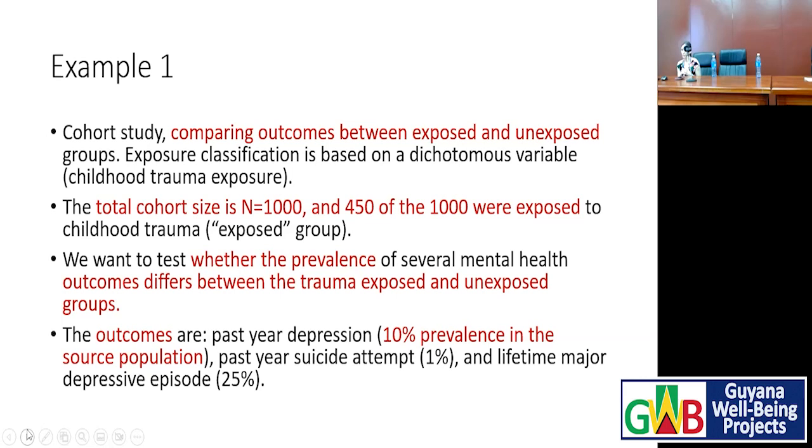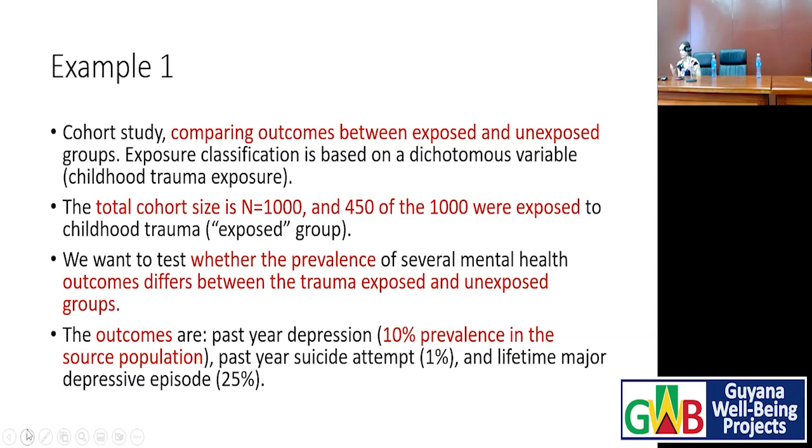Now we want to test whether the prevalence of several different mental health outcomes differs between the trauma exposed and the trauma non-exposed groups. The outcomes we're interested in are past year depression, past year suicide attempt, and lifetime major depressive episode. For the source population from which the study is drawn, I have the prevalence of each of those conditions as 10%, 1%, and 25%.